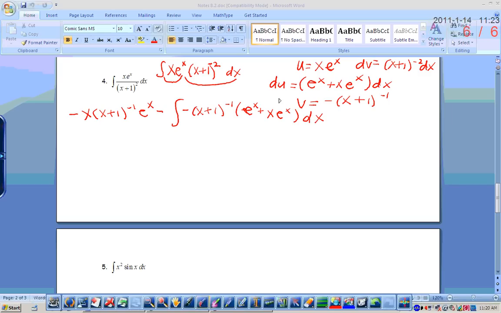Tell me how. But I like the idea of factoring out an e to the x. Okay, so if I factor out an e to the x right here, I get 1 plus x, which is to the 1 power. And so it completely cancels out. x plus 1 to the negative 1 times 1 plus x to the 1 cancels, and I'm just left with the integral of negative e to the x, right?